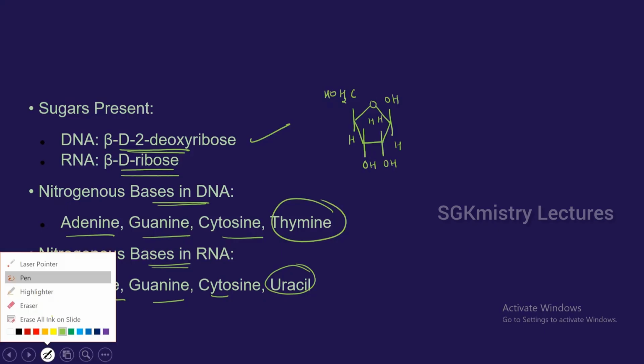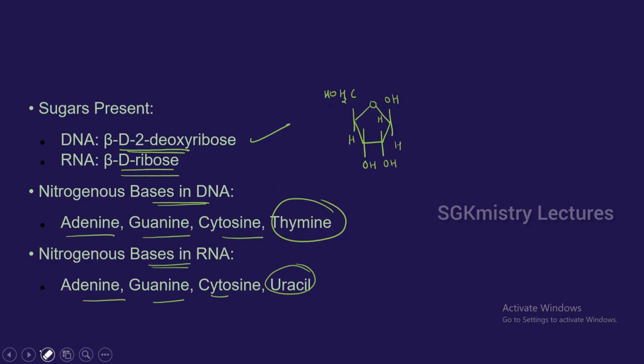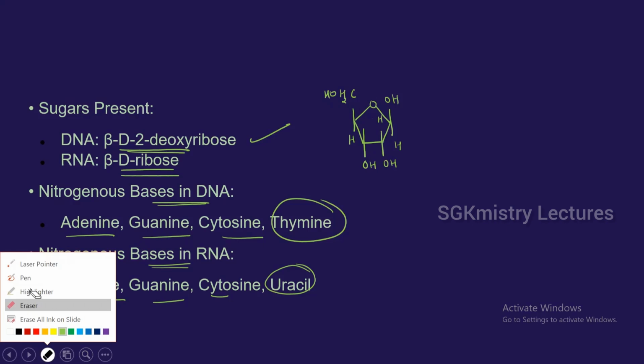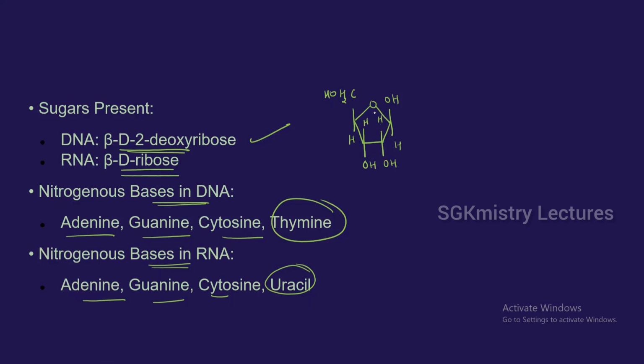Let me write it clearly. Okay, so this is beta D ribose, the sugar present in RNA.